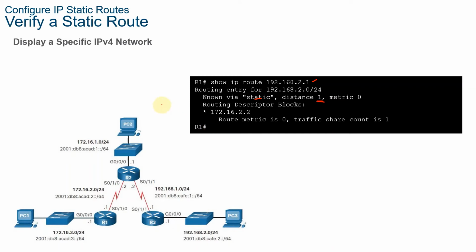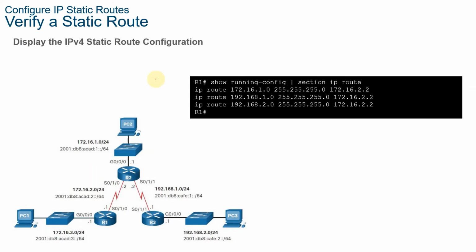Next, how about displaying the IPv4 static route configuration? Section ip route here. This command filters the running configuration for only IPv4 static routes. So show running-config pipe section ip route.